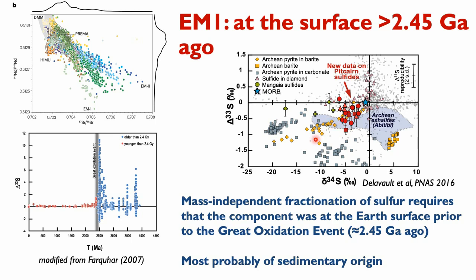So what can it be? It's most probably because the sulfur anomaly shows that the material was present at the surface, so it's probably of sedimentary nature. Okay, so now we have a bit of dating on these enriched materials.